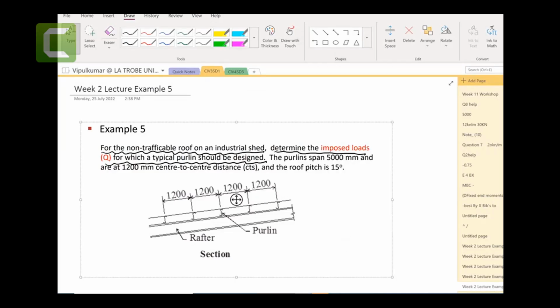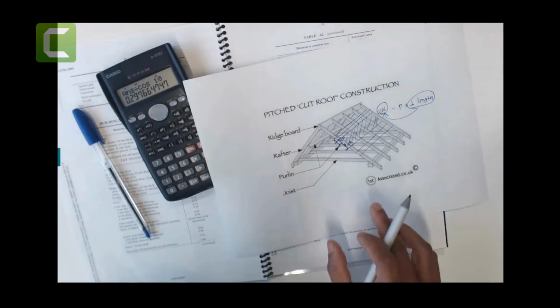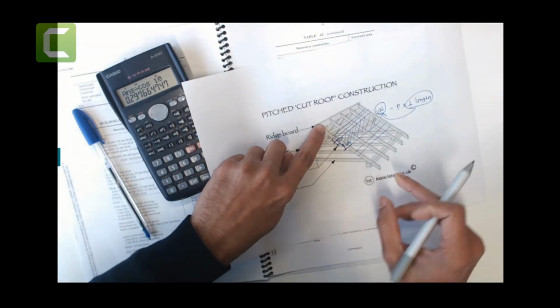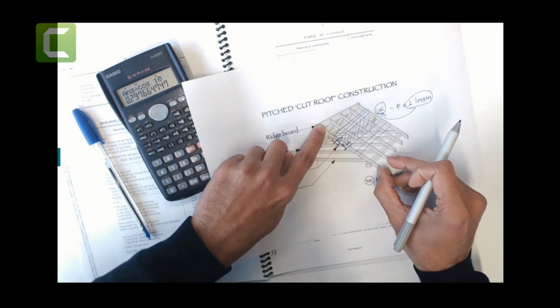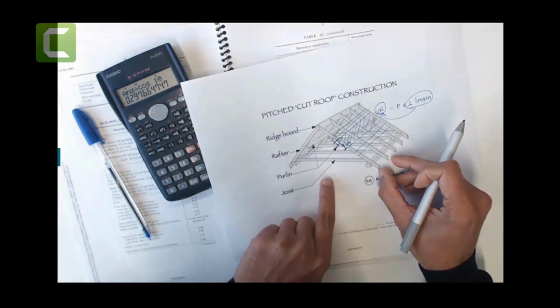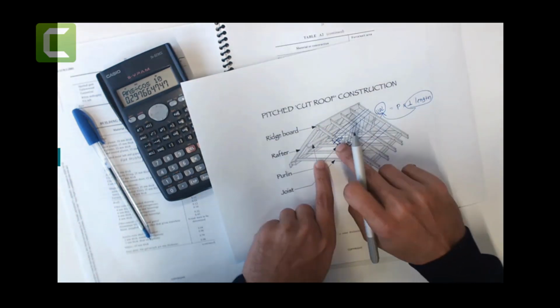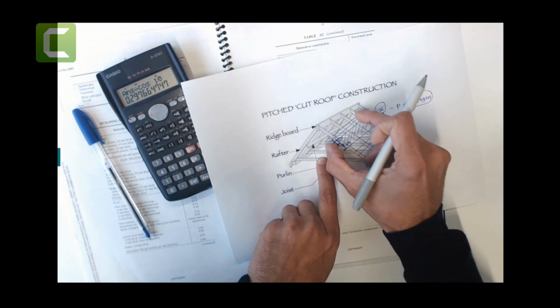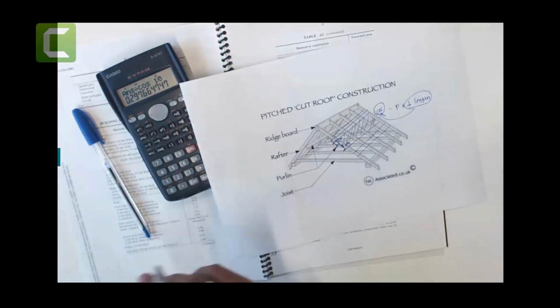If I want to design that purlin, the span is 5000 millimeters and the center to center distance is 1200 millimeters. So 5000 millimeters span means 5000 millimeters along this way, 5 meters, and the center to center distance between the purlins is 1200 millimeters.